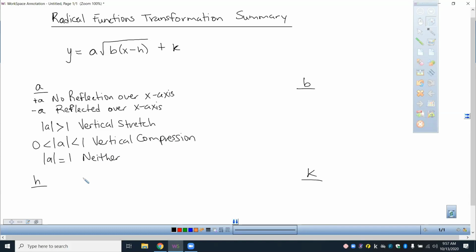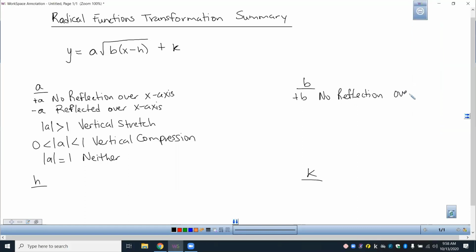So that's not any change from what we had with quadratics. Right, for B, if B was positive, there was no reflection over the y-axis. It was negative, there was.